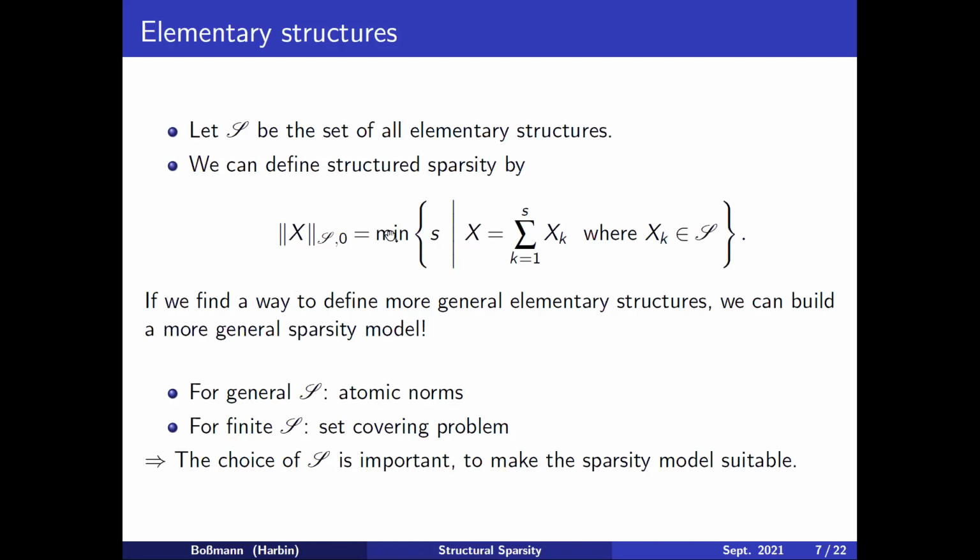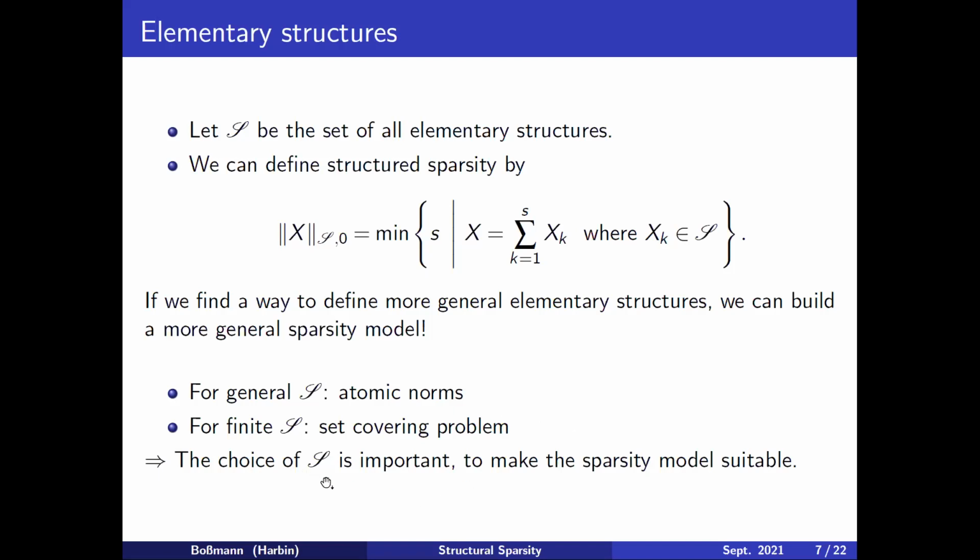If minimizing this is somehow related to the set covering problem, this means that even calculating this norm for one single element can already be NP hard. So you see that this definition here is quite general, and even just calculating the norm for one element can be NP hard. So minimizing the norm in the end can be a very big problem.